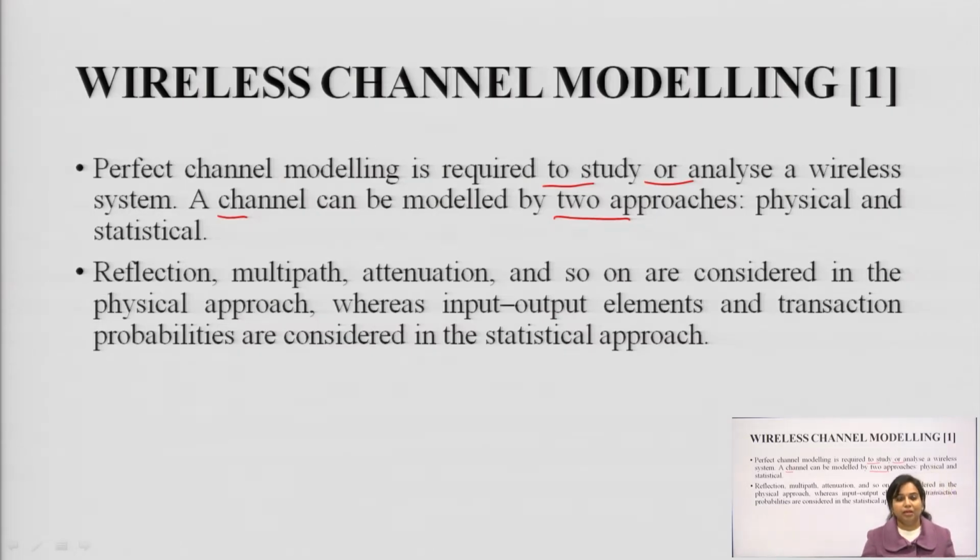It will be seen at the receiver side what the statistical received signal is after passing through a particular distribution. So reflection and multipath attenuation are considered for the physical approach, and input and output elements and transition probabilities are considered in the statistical approach.